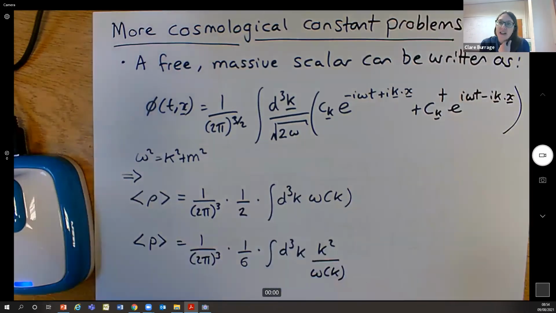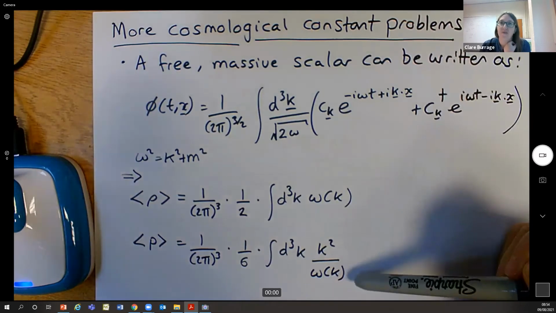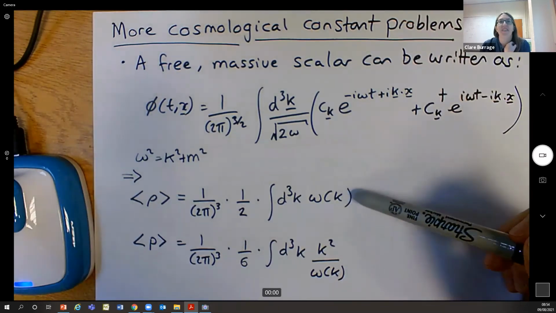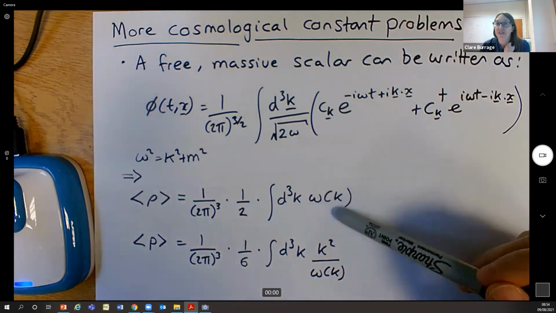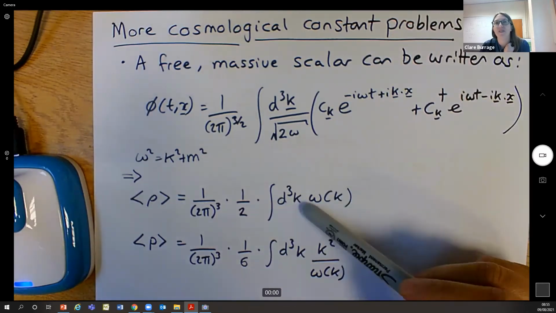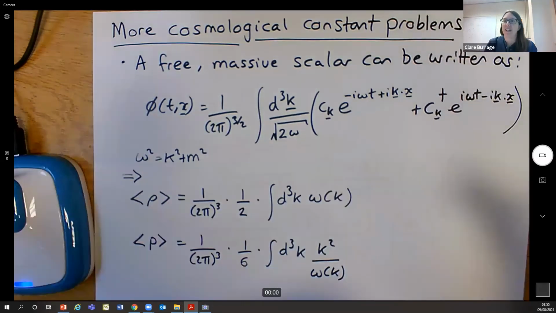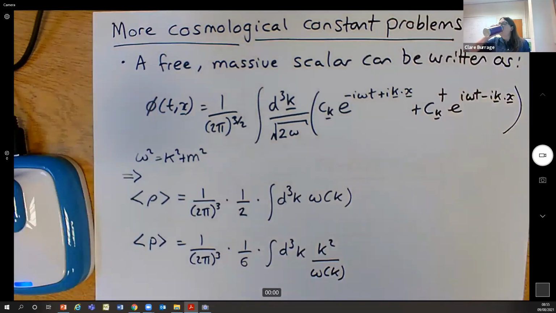And then the typical calculation is to say, well, at this point I have a problem because both of these integrals diverge, right? This is scaling, at least for large k, like a power of k. I've got the integral of k cubed over k here. That is definitely not a convergent integral if I integrate all the way up to infinity. So how do I regulate that?